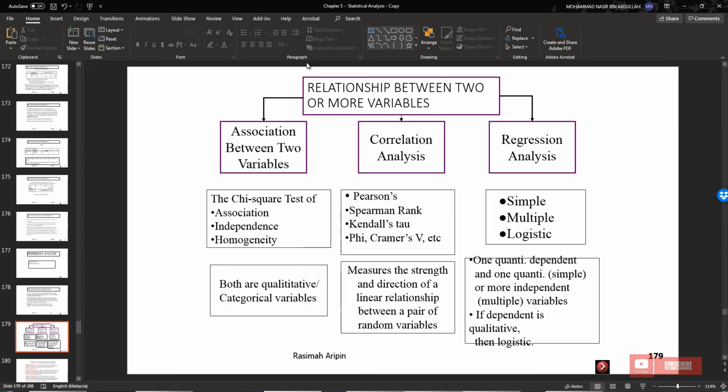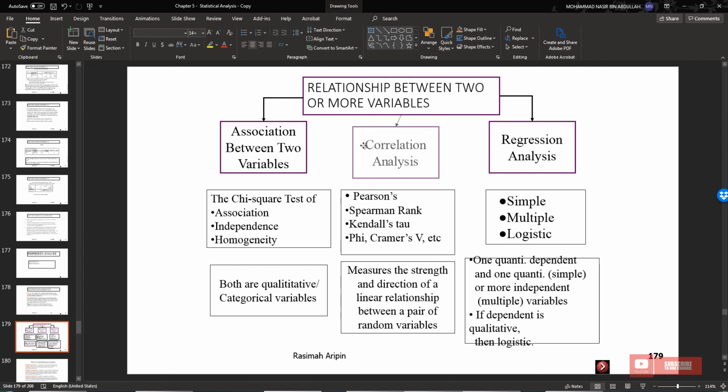Right, this is the flow chart. Relationship between two or more variables. Right, if you have two continuous variables, then you can use a correlation test. In correlation tests, you can have Pearson product moment correlation test, Spearman rank test, Kendall tau, phi, Cramer's V, and so on. This last one is for nominal scale.